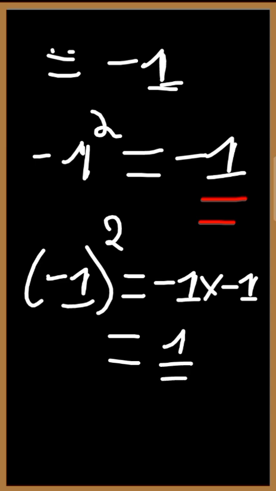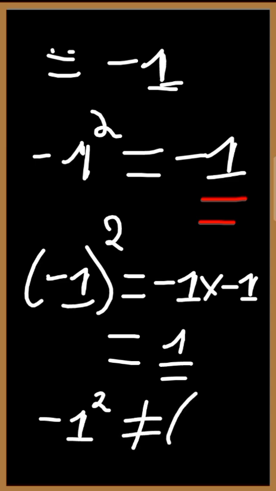You can see the negative 1 in brackets, all that squared, is different from negative 1 squared, which is not in brackets. So we take note of this. Negative 1 squared without the brackets is not equal to negative 1 in brackets, all this squared.